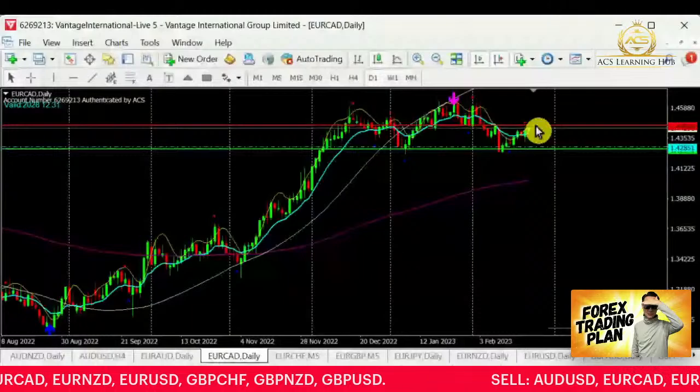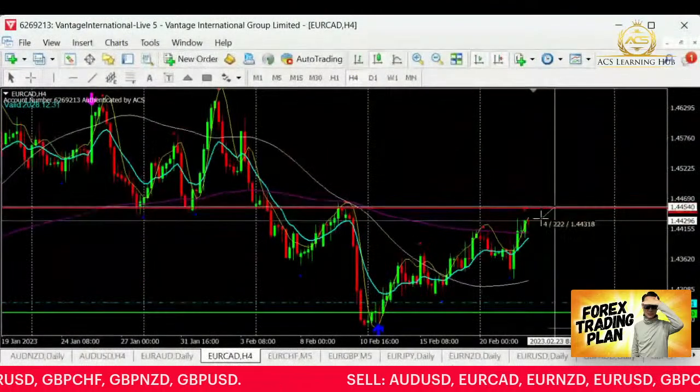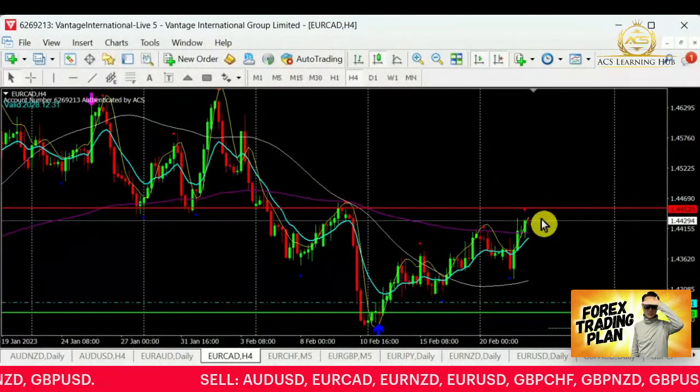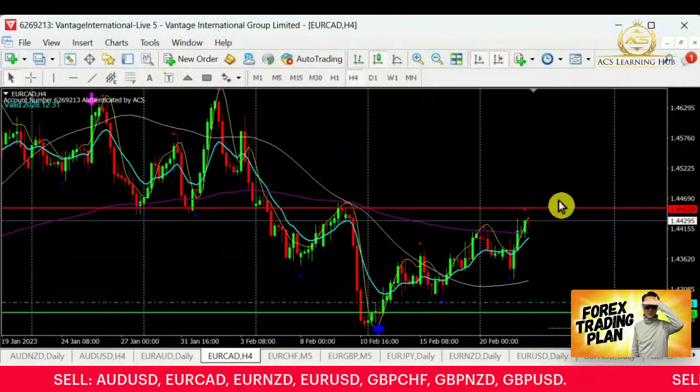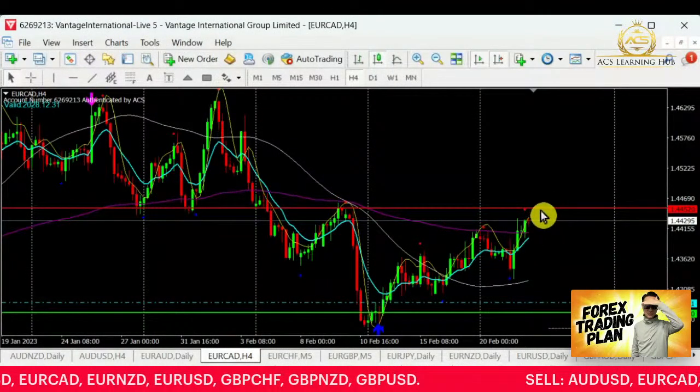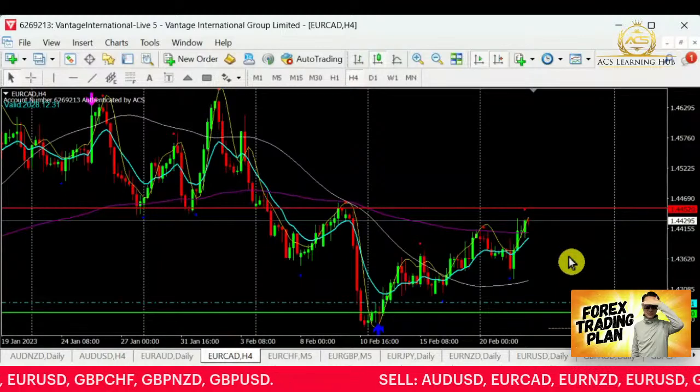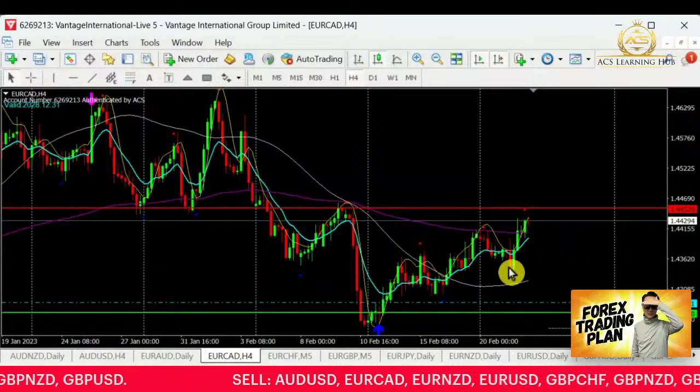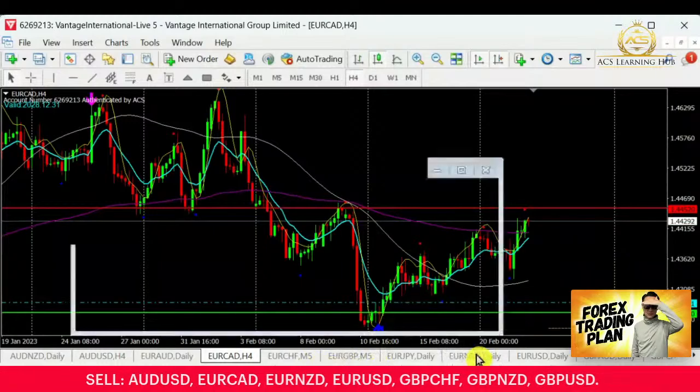This resistance at this point here, we are just about 20 pips away. So I guess it is still quite good. We can wait for it to test onto the resistance, then after that we may look out for the selling. That's for EURCAD.